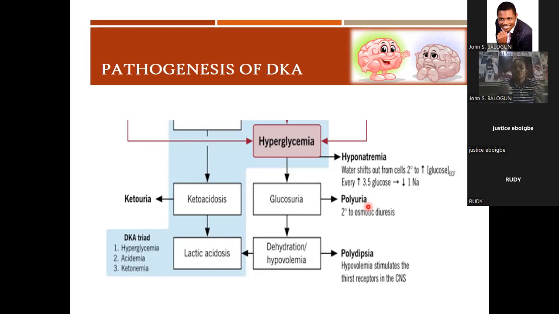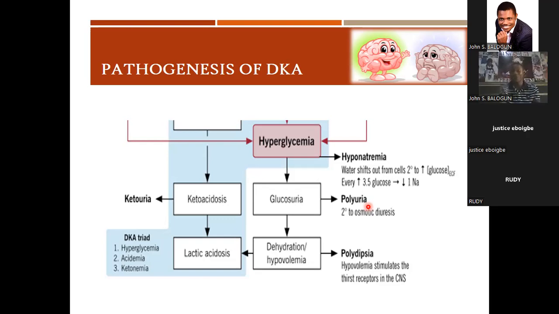Now, I've talked about polyuria, polydipsia, polyphagia. Now, in type 1 diabetes, in DKA, another information you will get is that despite the fact that the patient is having polyphagia, the patient is still losing weight. So there is loss of weight despite adequate feeding. The patient is eating, even overeating, yet the patient is losing weight.